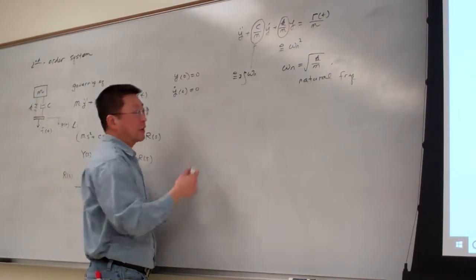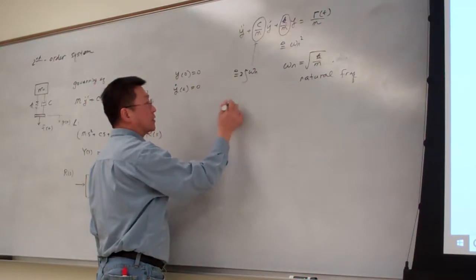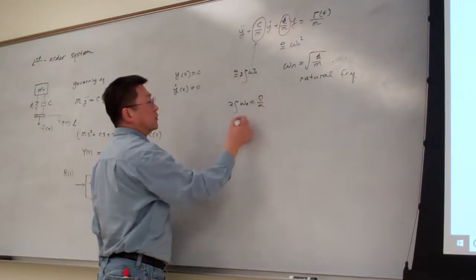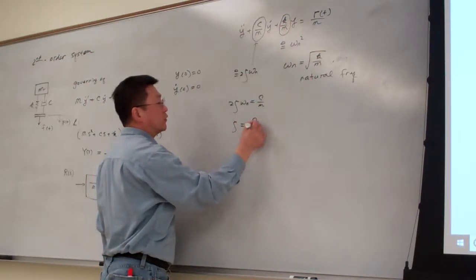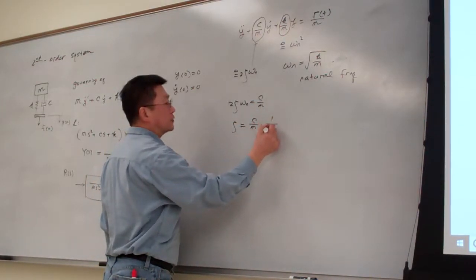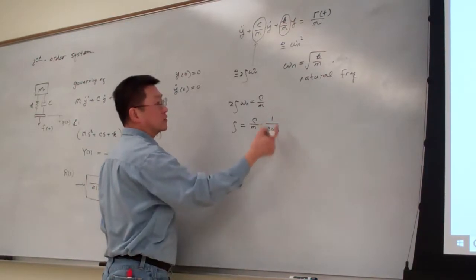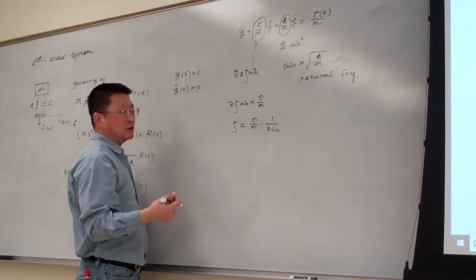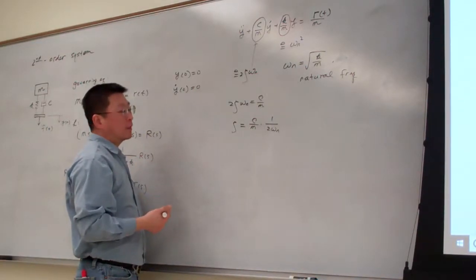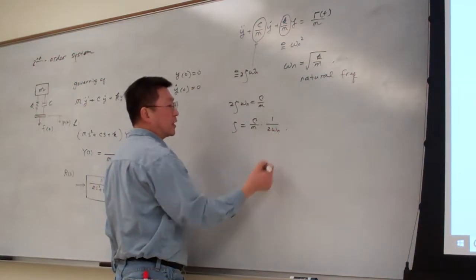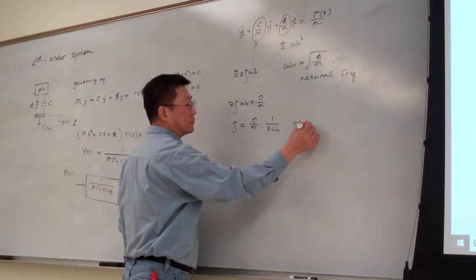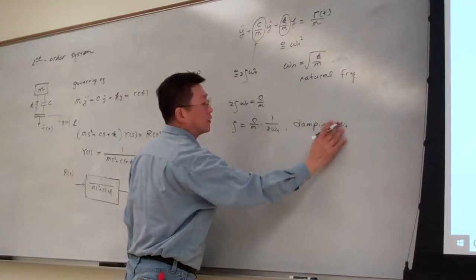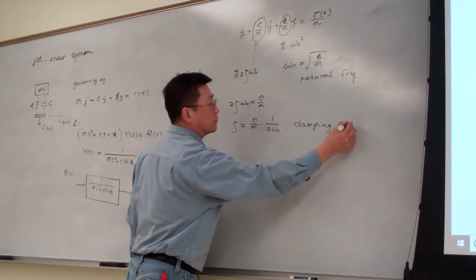Basically 2 zeta omega n equal to c over m, so zeta equal to c over m times 1 divided by 2 omega n. Okay, you simply plug in omega n here. So zeta is a function of c, m, and k. Okay, so zeta is called the damping ratio.